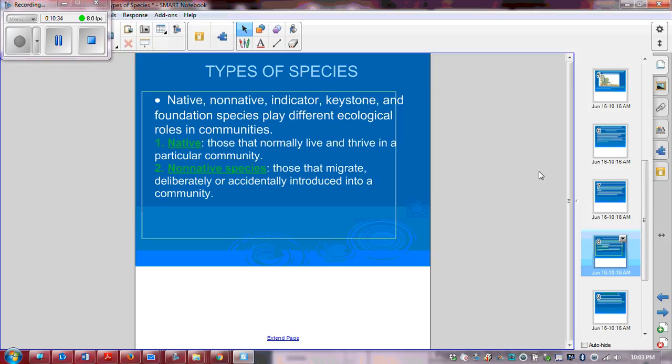And that's usually the biggest difference between native and non-native. When we get into the non-native, some things we bring on purpose, like the horses and things like that, and some things we bring on accident. A good example of that are mussels that attach to the bottoms of ships.